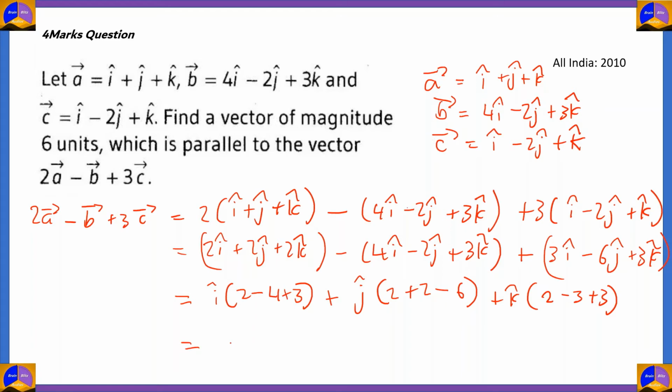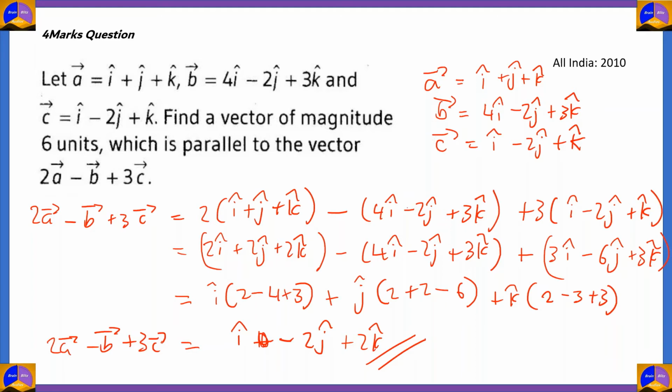And therefore, we'll get our vector: 2 minus 4 is minus 2, minus 2 plus 3 is 1. So we have i cap. Then, we have to find out what is inside first: 2 plus 2 is 4, 4 minus 6 is minus 2. So it'll be i cap minus 2j cap. And then 2 minus 3 plus 3 is equal to 2, so plus 2k cap. This is the value of 2 into vector A minus vector B plus 3 into vector C.